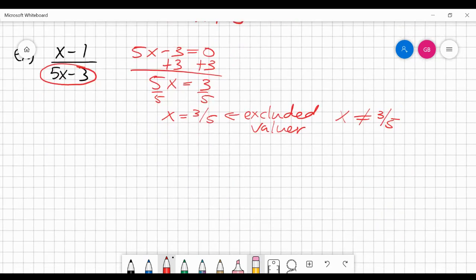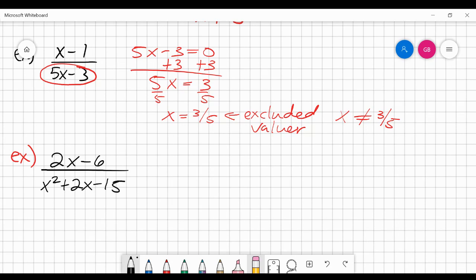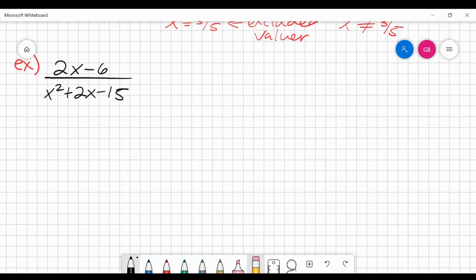Let's do one more example. So we have 2x minus 6 over x squared plus 2x minus 15. Okay, numerator, can we factor that? Yes, by using GCF. So 2 is the GCF.